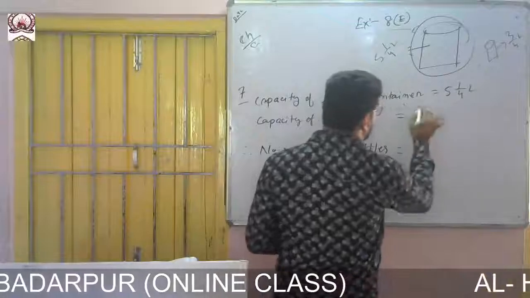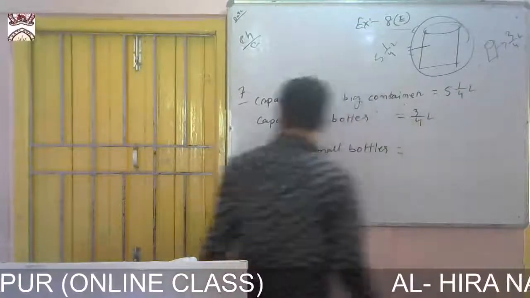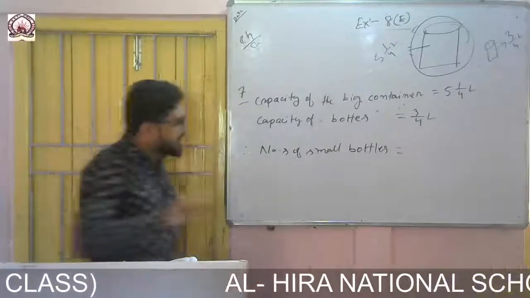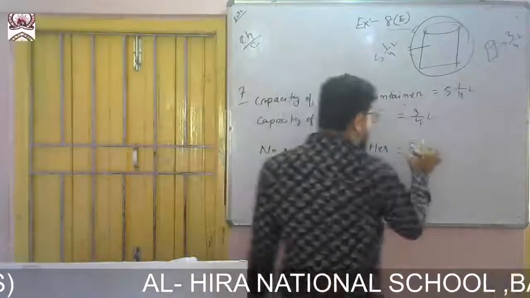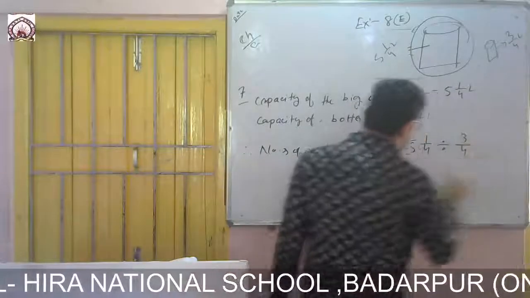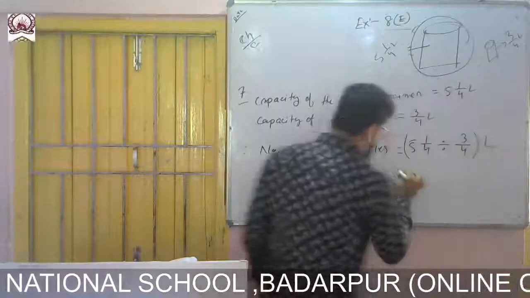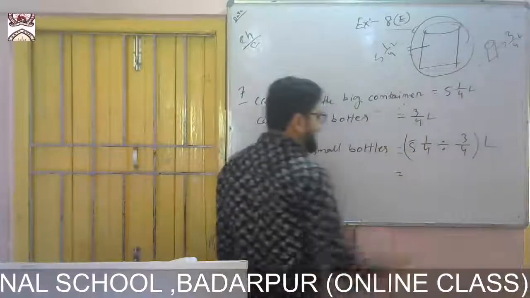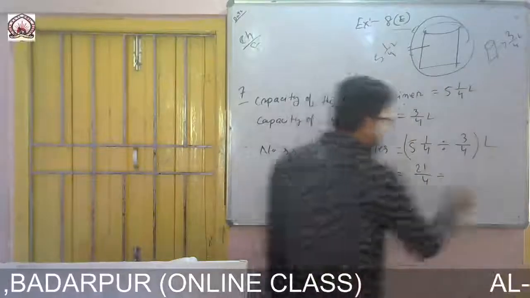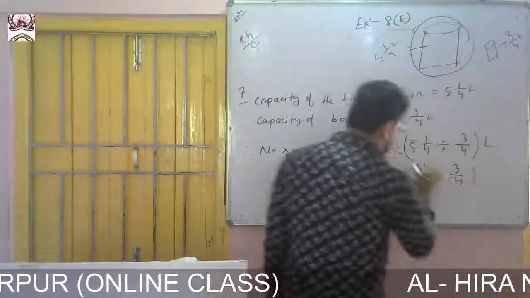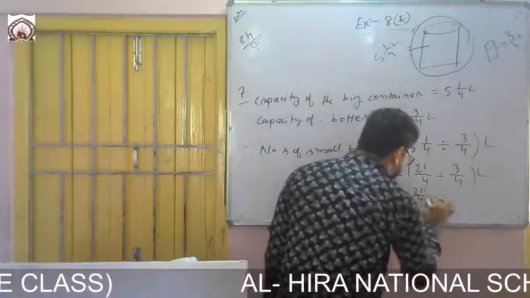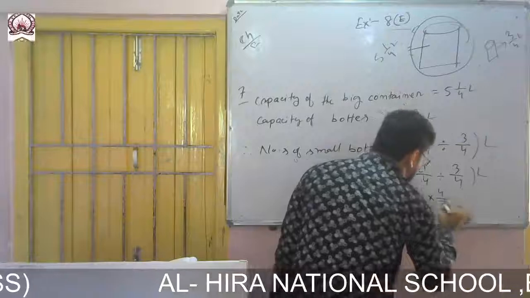Divide the bigger one, 5 1/4, by 3/4, in liters. Now 5 4s are 20, plus 1 is 21. So 21/4 divided by 3/4. Now we divide, so it will be 21/4 into 4/3.